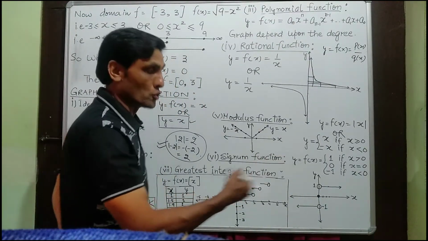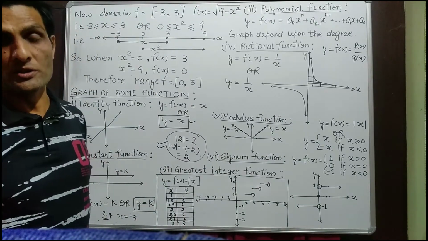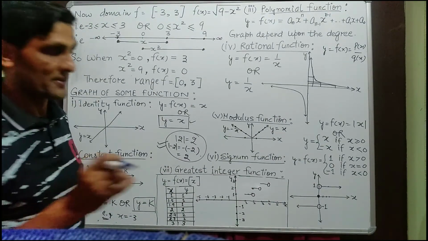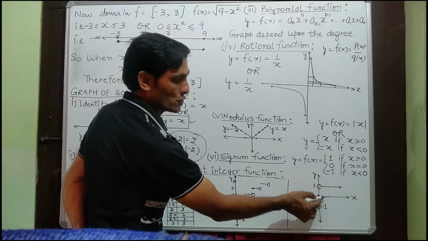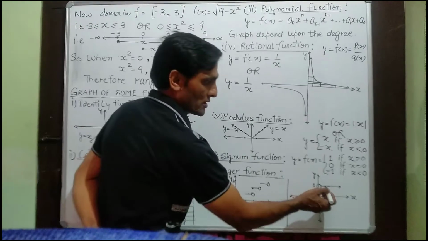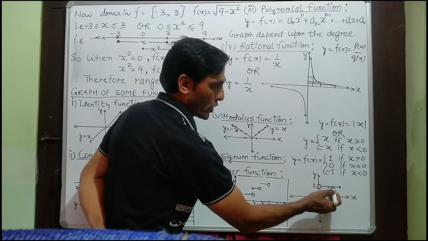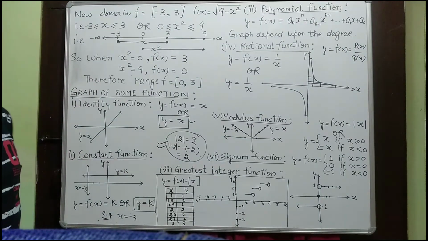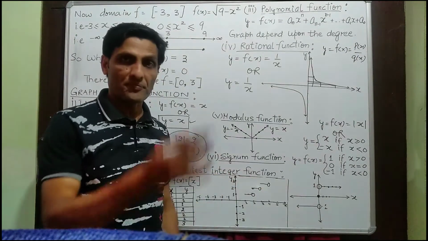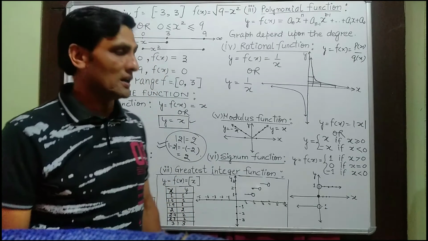Suppose now you go to the right side of the origin. Suppose x is 0.1, then y will be 1. When x is 0.2, y will be 1. So the value of y will remain 1 for all such x. So the graph will move like this. But why are we taking an open circle?